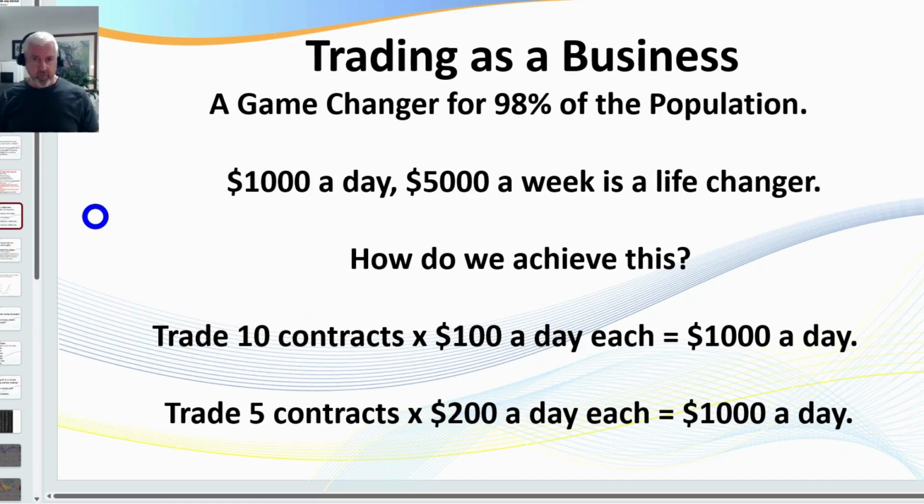Now, many of you that watch my channel know I go through this very quickly every session. I believe to succeed as a day trader, you've got to have a compelling future, one that excites you. Now, I know that a game changer for 98% of the population here in Australia and globally, the USA, would be if you were earning $1,000 to $2,000 a day. How do you do that? Well, let's talk about realistic targets, earning $100 to $300 a day per contract.